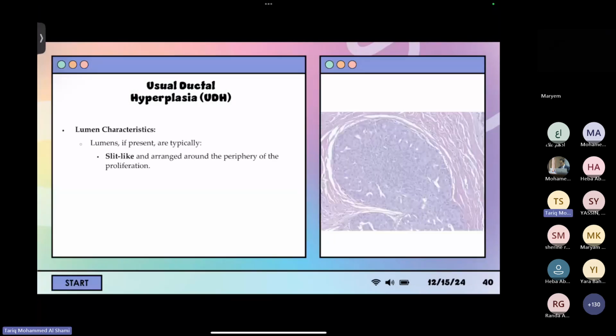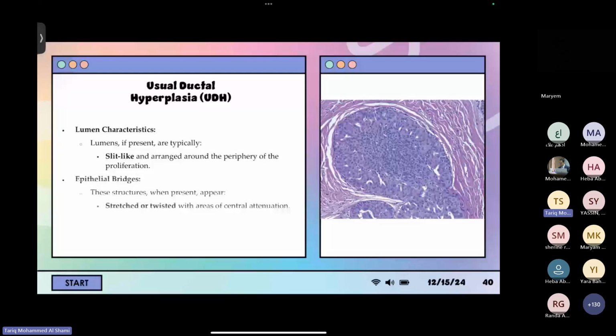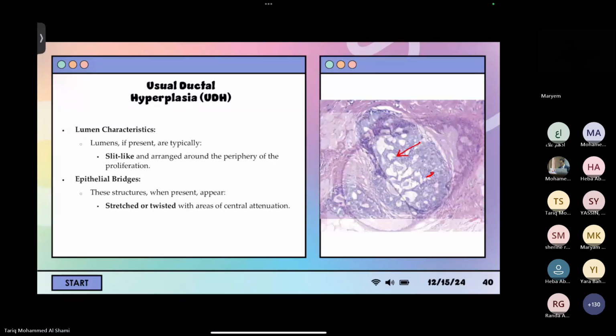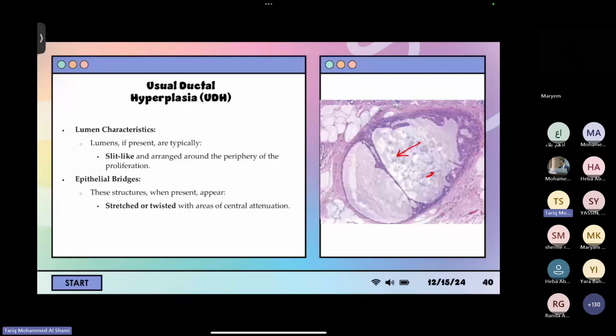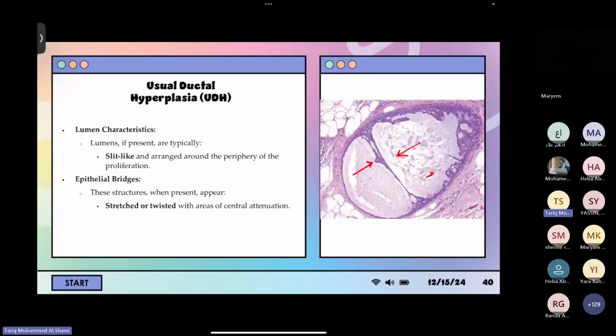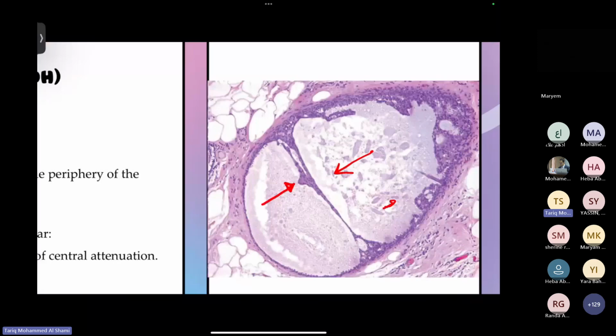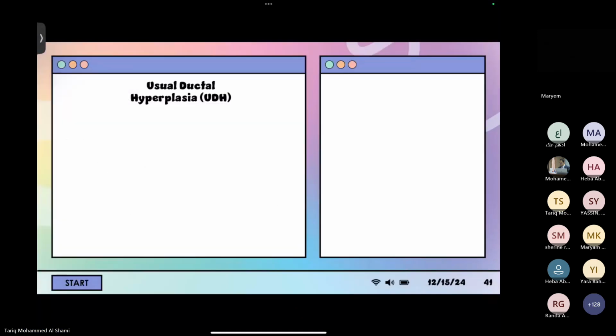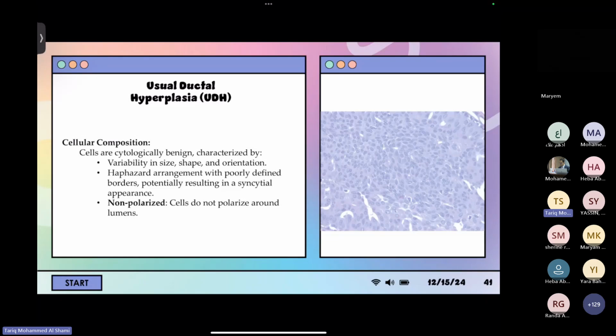And now we can see this luminal characteristic, slit-like luminal arrangement around these slit-like spaces. And we can see also here around the spaces. And we can see what's called epithelial streaming of the ductal epithelial cells. Okay, what about the cellular composition?